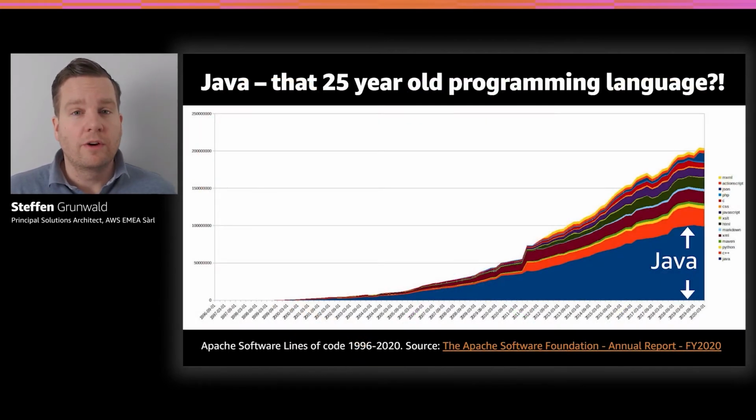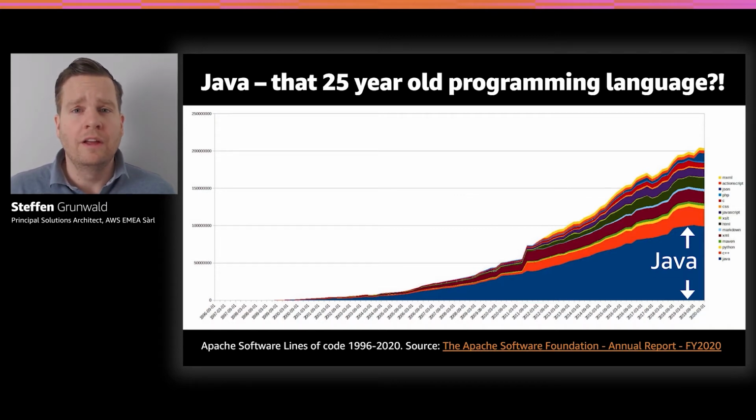Let's start by talking about the elephant in the room. Java, that old language that just turned 25, why should you even bother? And the reason is there's lots of talent out there, but also there's a rich ecosystem of tools you can use to develop efficient Java applications, and also a wealth of libraries which you can draw from for your application code.